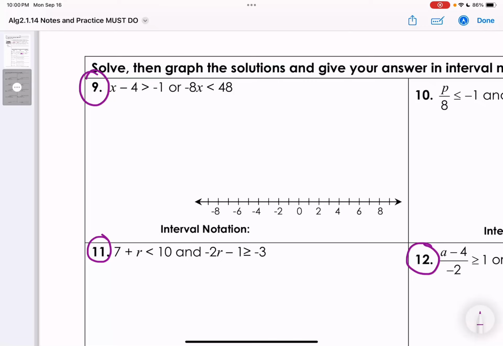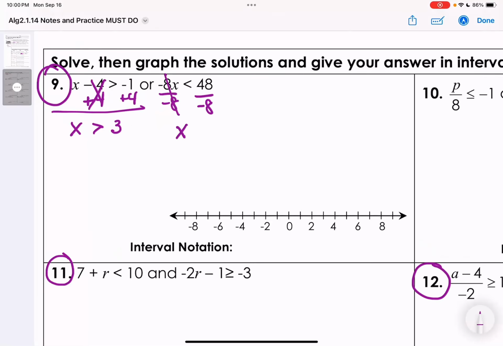And then we'll go down and look at some on the back page. So here we've got two different problems that we need to come up with the solution to. So x minus 4, doing the opposite, I'm going to add 4. So I have x is greater than 3, or I'm going to divide here by -8, because that is next to x, so it means multiply.